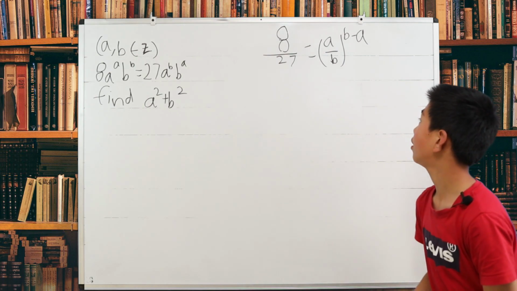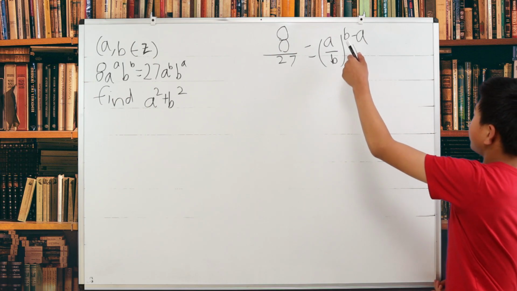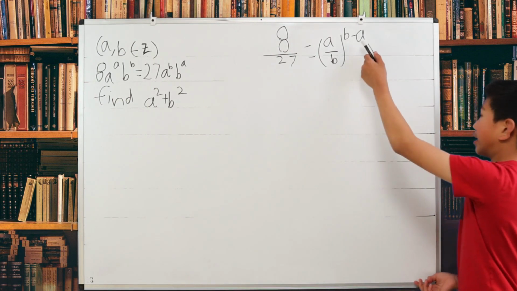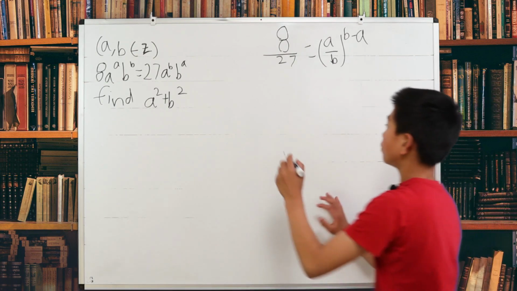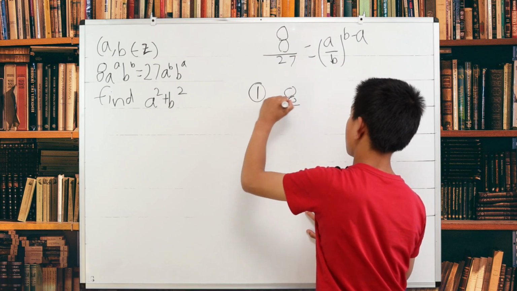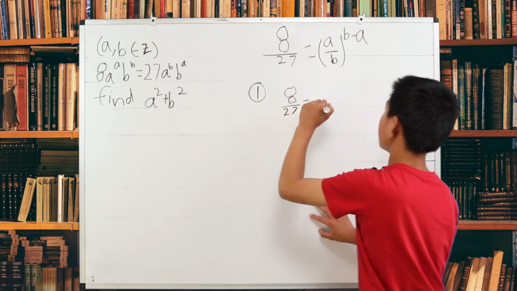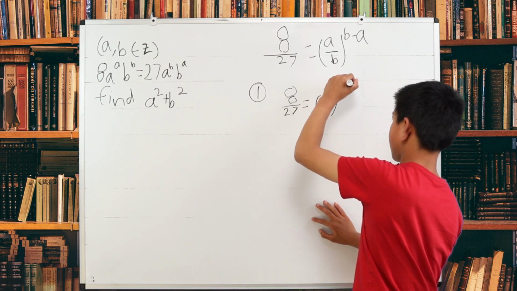Now that we figured out that 8 divided by 27 is equal to a over b to the power of b minus a, we can actually start getting our values. For our first solution, 8 over 27 is equal to a divided by b to the power of b minus a.